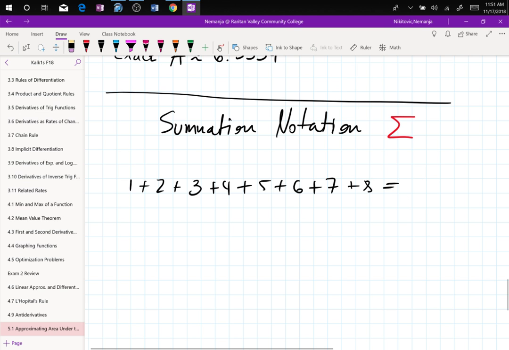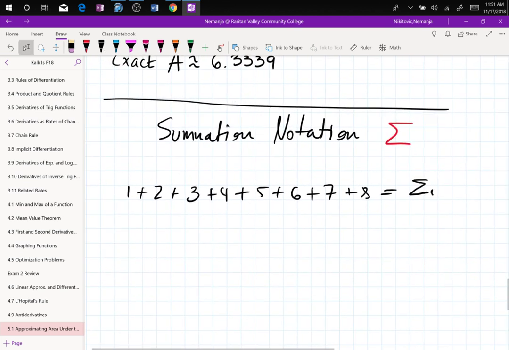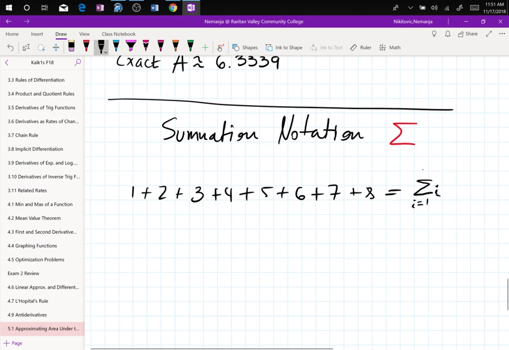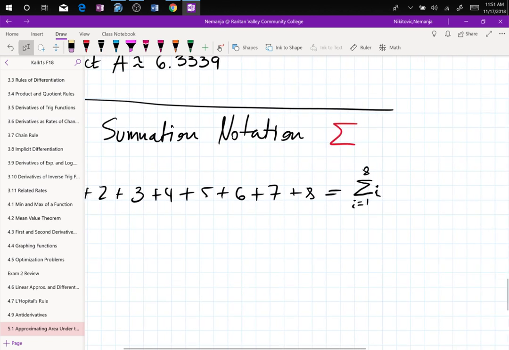Here we go. Add all i's, so summation of i. Add all i's where i starts from 1 and ends at 8.